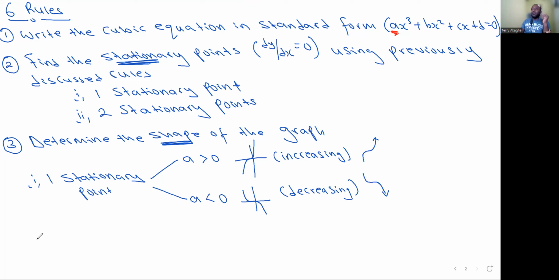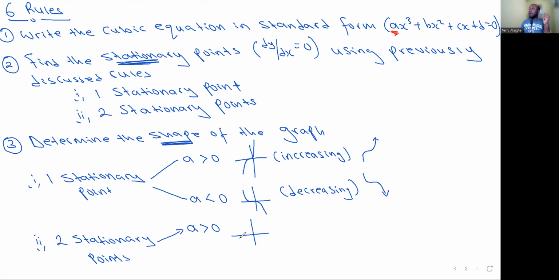But if, for instance, you solve in step 2 and you have two stationary points, you go back and check the value of A. If A is greater than 0, what you will notice is that the graph is going to look like this.